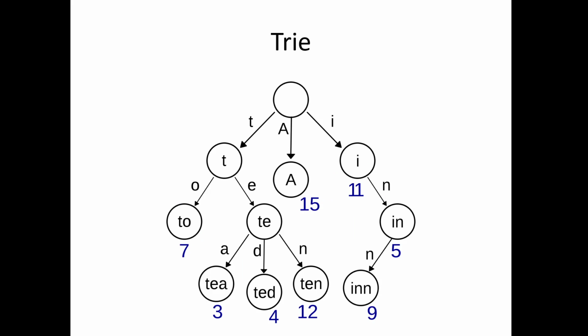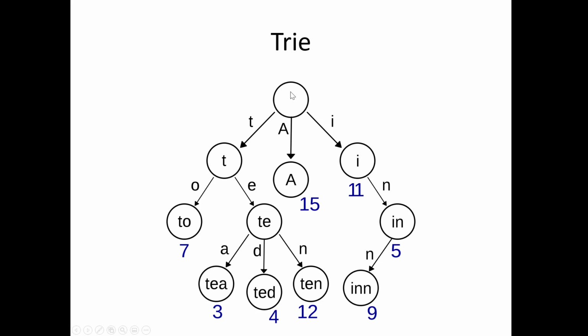This is an example of another type of tree you might encounter in computer science called a trie. In this trie, we will store words that are created as strings or sequences of characters. And this one might have been used to count the frequency that words were encountered in a document.